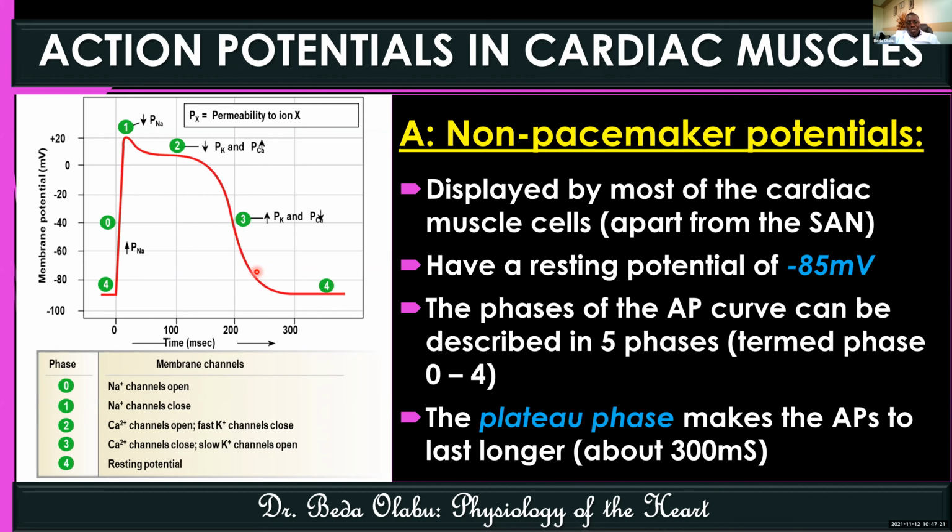Now, in skeletal muscle, because the action potentials are very short, you can have very many action potentials within short periods of time. What is the implication? In skeletal muscle, you can have contractions on top of contractions. In simple terms, you can have sustained contraction in skeletal muscle, what we call tetanus. Tetanic contractions are possible in skeletal muscle. You don't want tetanic contractions to occur in cardiac muscle.